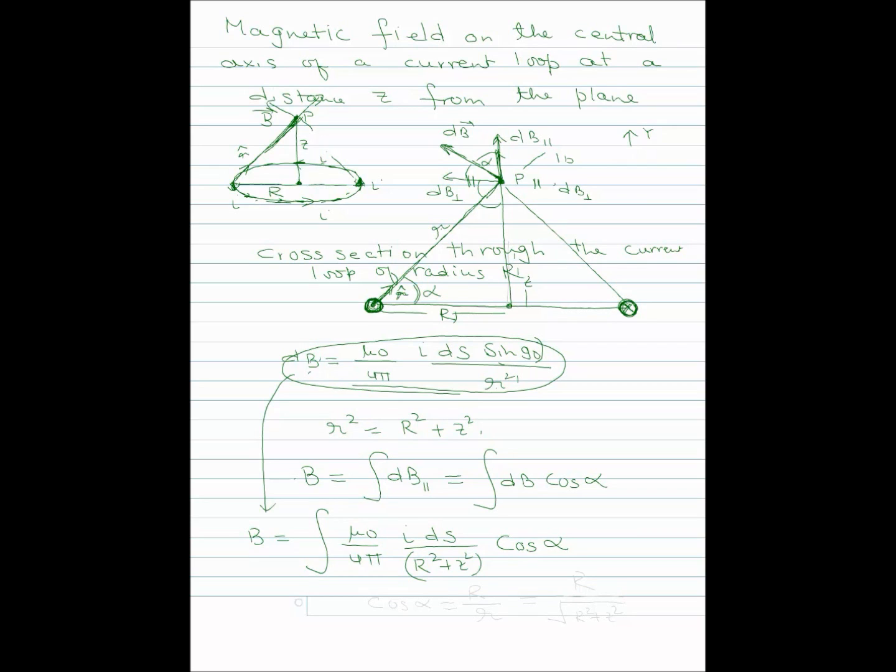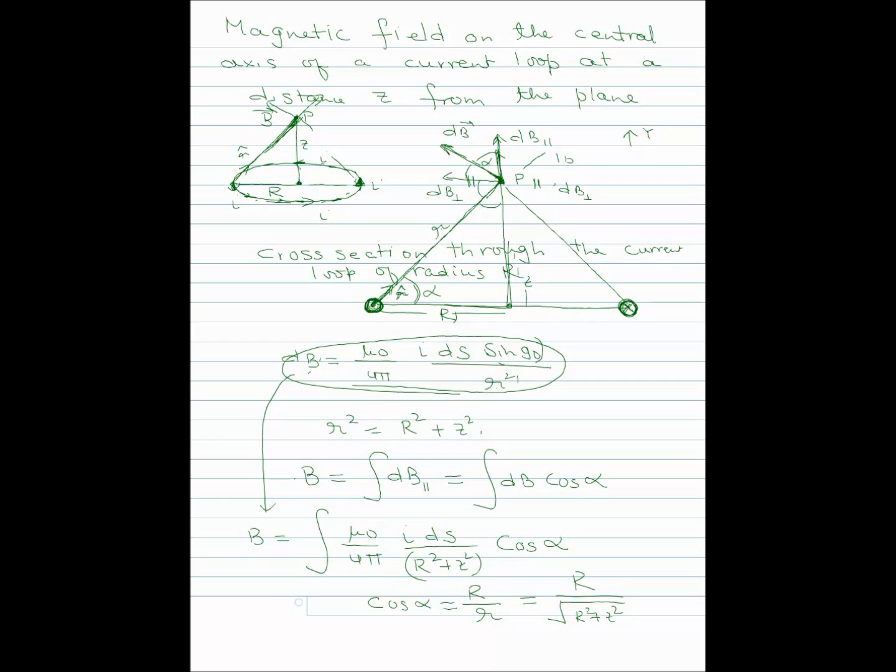Well, let's think about it. Notice from this triangle here, cosine alpha is nothing but capital R divided by little r, and little r is nothing but the square root of capital R square plus z square. So in other words, cosine alpha is R divided by the square root of R square plus z square.